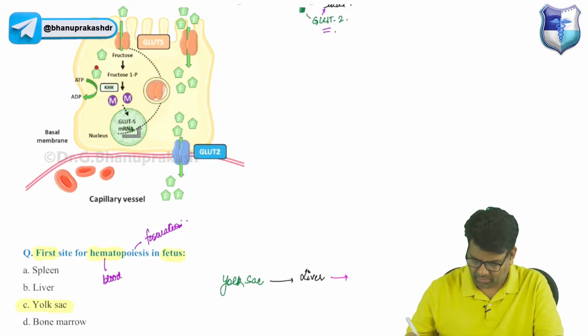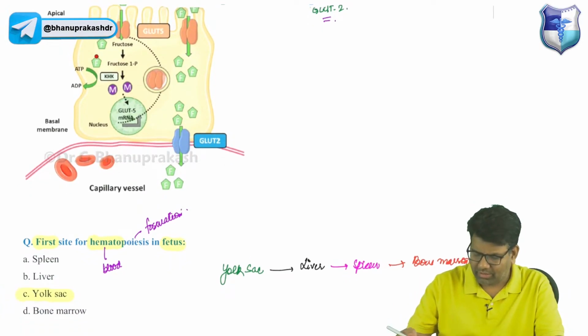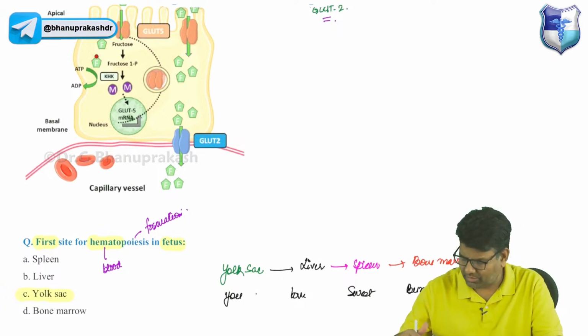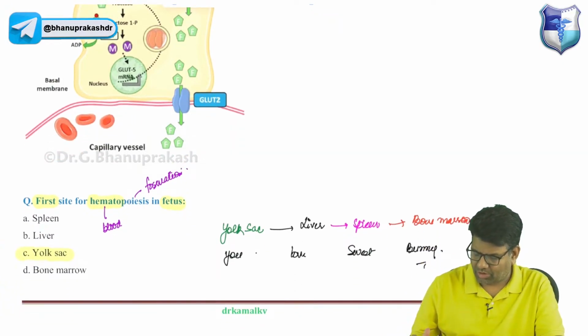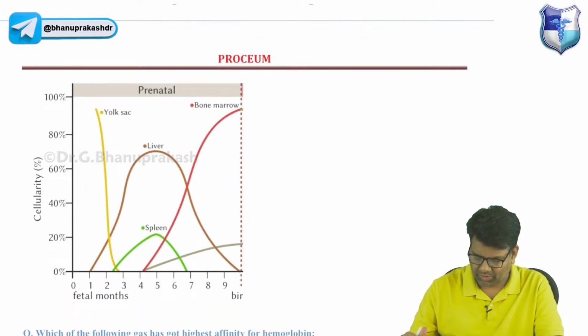After liver, you can write spleen, and lastly bone marrow. Clear? So this is the usual sequence, and you can make a mnemonic out of this, like some people do. So this is the sequence: yolk sac, liver, spleen and bone marrow. And of course, if spleen is not given, then directly go for bone marrow. So this is the usual sequence.